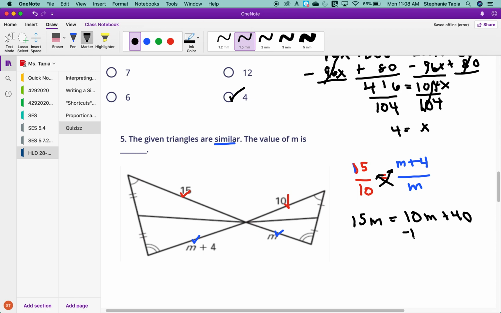I subtract 10m on both sides. 5m is equal to, well, this went bye-bye, so now this is 40. I divide by 5 on both sides. And m is equal to 8. See? Easy.